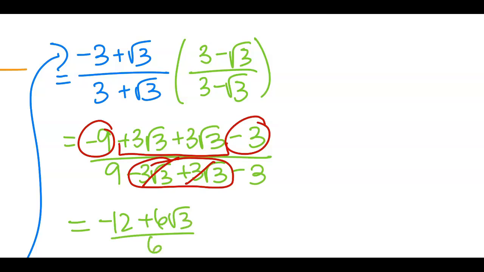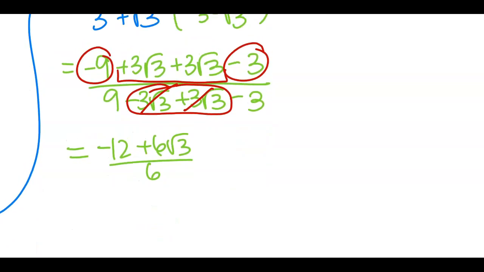You're not done. You can still do 1.5 more things. If you look in the numerator, especially since I see this 6, I know I can try to cancel. But before you start canceling random things, let's factor out a common multiple. So I'm going to factor out my greatest common factor here, which will just be a 6. And we're going to leave this as negative 2 plus the square root of 3 over 6.